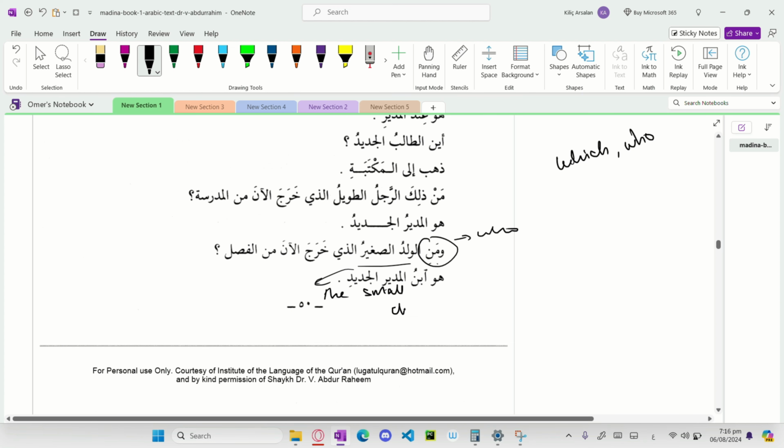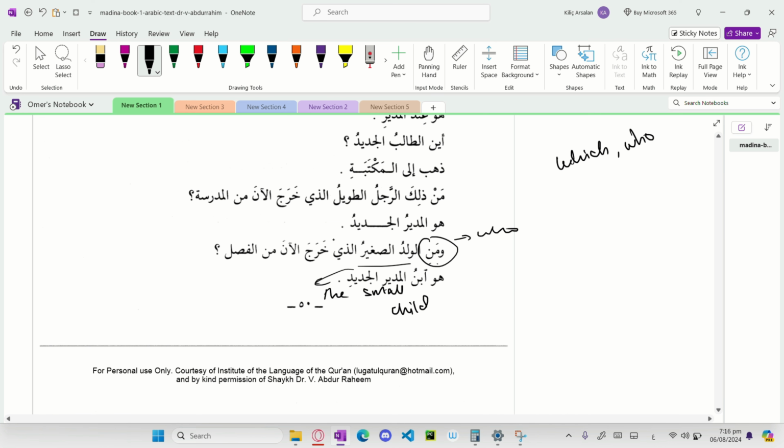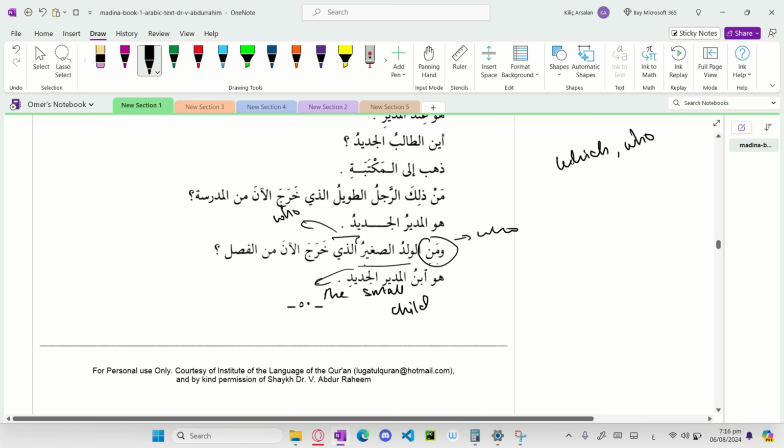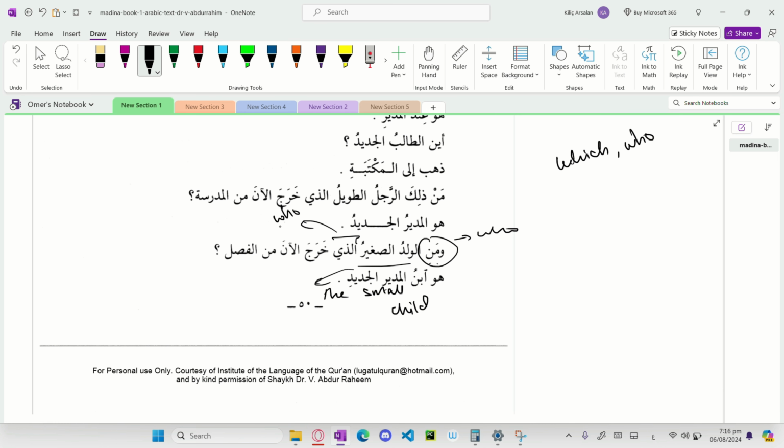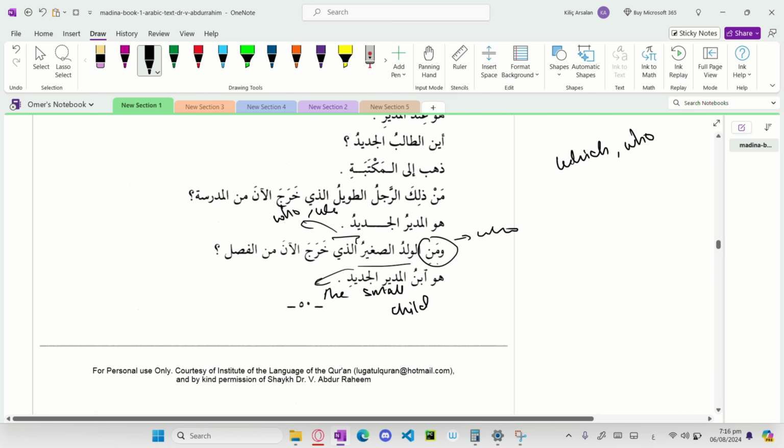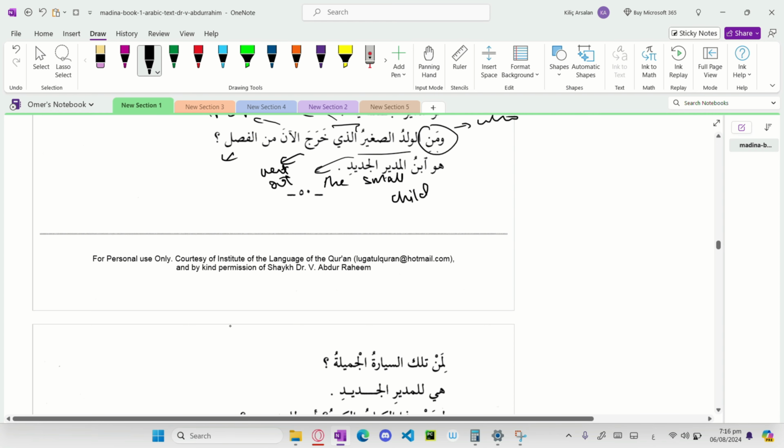Here we are going to translate الذي as who, or it could be translated as which. خرج means went out, and this is the male past tense form. الآن means right now. من الفصل, from the class. هو ابن المدير الجديد. He is the son of the new headmaster.